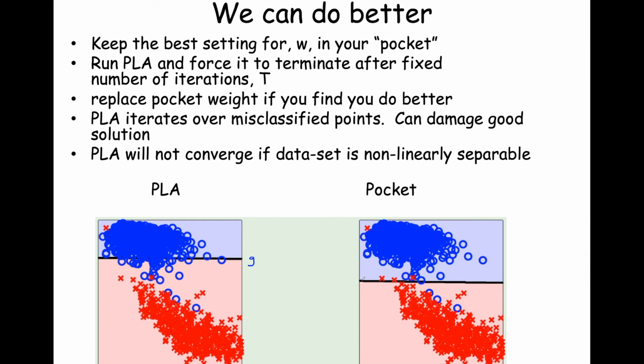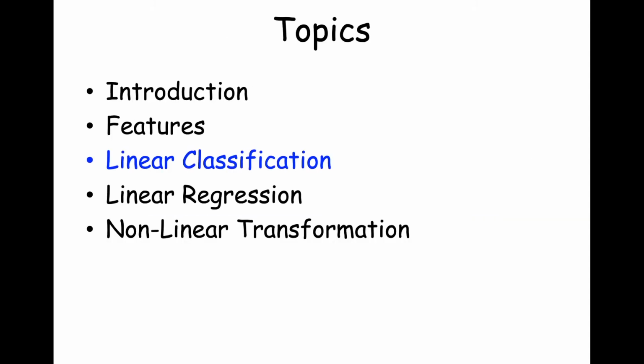And you'll notice here, pocket-PLA makes far fewer errors for the final best hypothesis, G. You'll notice the only ones that are errors, of course, this red one you can't do much about. That's very interleaved. It's an outlier. But you see here that most of the errors are along or very close to the decision boundary. And so this provides a dramatic improvement for very little extra work, this pocket, as it were.